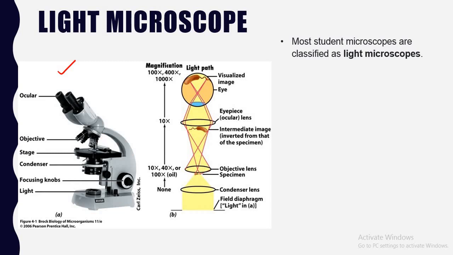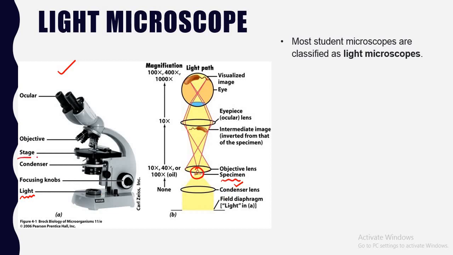So how they actually work, we'll understand through this ray diagram over here. The main light source is right here. When you switch on the button, the light source will start. First of all, you have the condenser lens over here. What does it do? It gathers all the light and allows it to pass through the specimen.